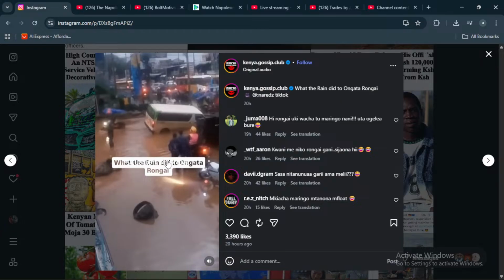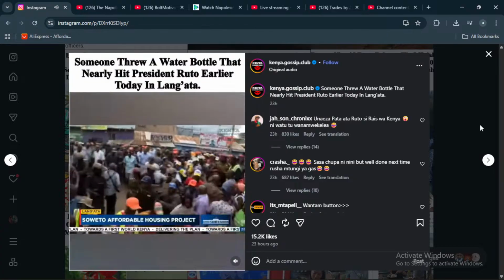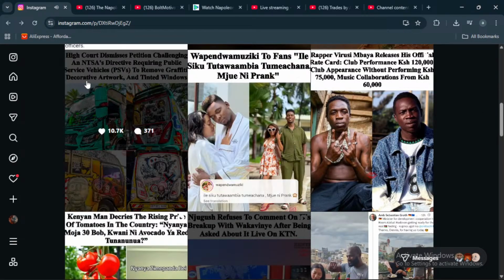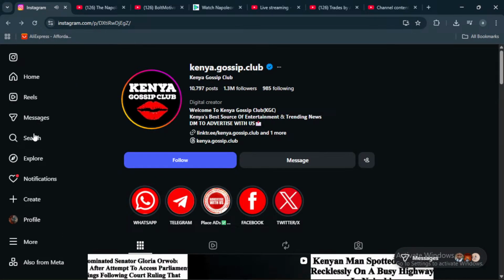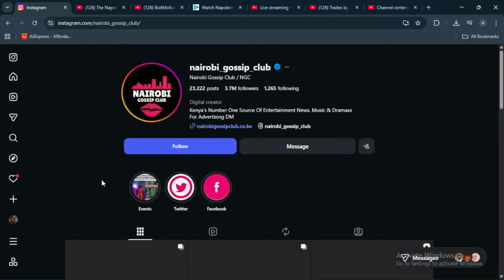Bro, if this happened in South Africa, we'd see something like this. I don't know what's happening there. Somebody is throwing bottles at the president. People should learn to respect people. Even if you dislike someone, respect them.